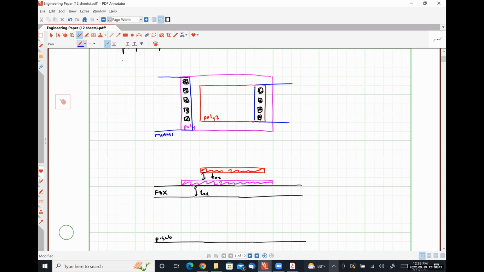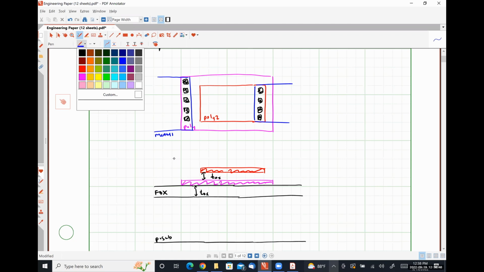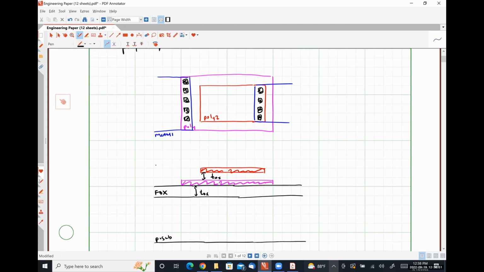And then up here effectively is where our metal layer is going to live. And here's our contact.